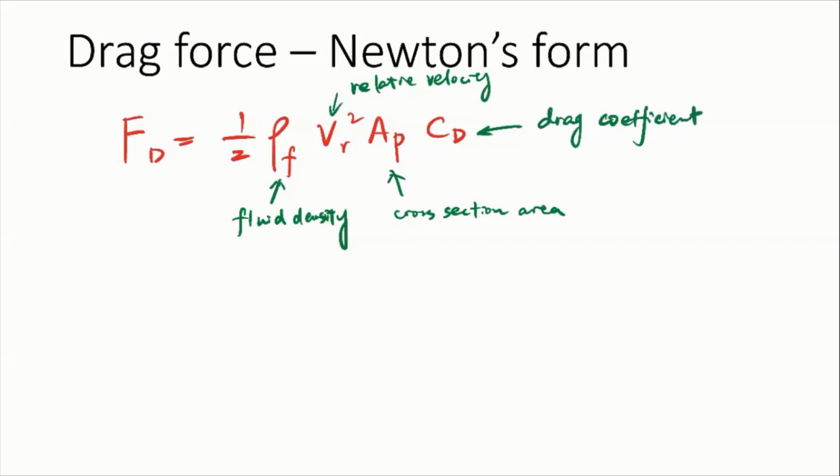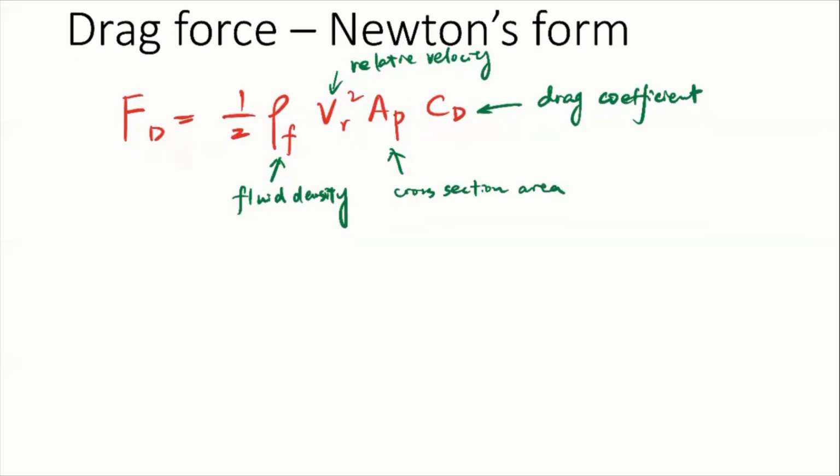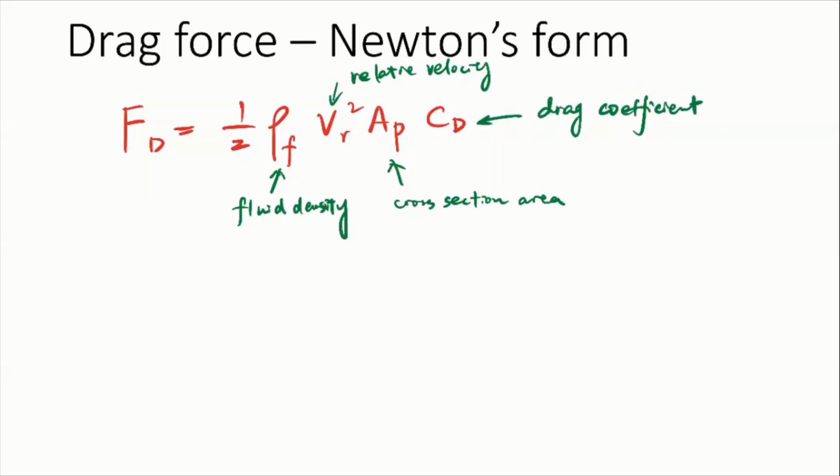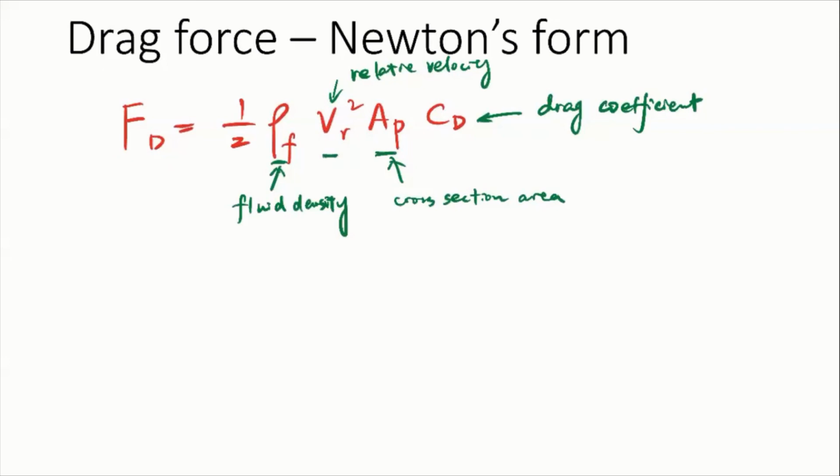At that time, this equation works pretty well in predicting the force on the particles, and it's also quite straightforward. The larger the cross-section area, the larger the drag force, and the more dense the fluid, the larger the drag force.